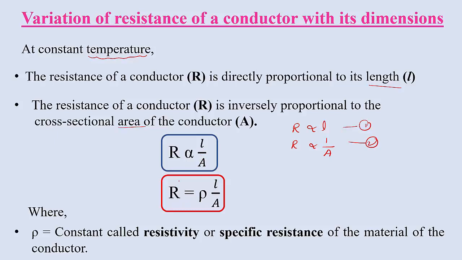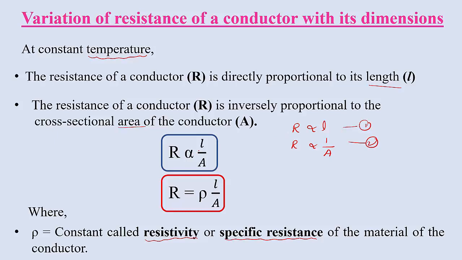This equation can also be written as, instead of the proportionality sign, I am going to write equal to proportionality constant: R equal to rho L divided by A. This rho is called the proportionality constant, and it is called the resistivity of the conductor, or we can also call it the specific resistance of the material of the conductor.